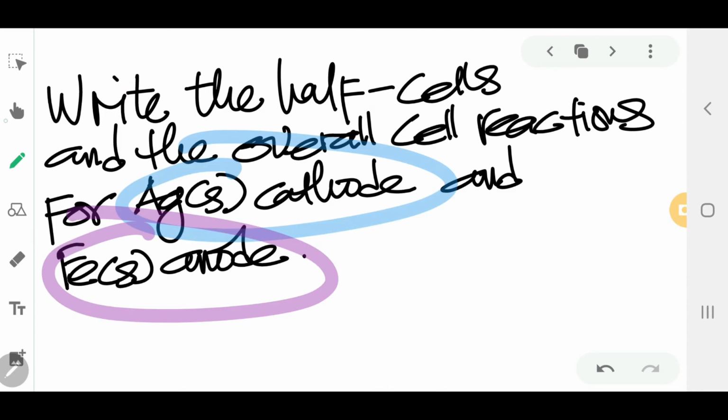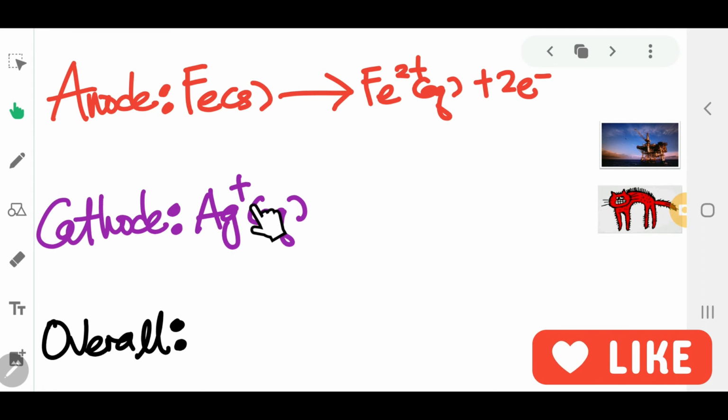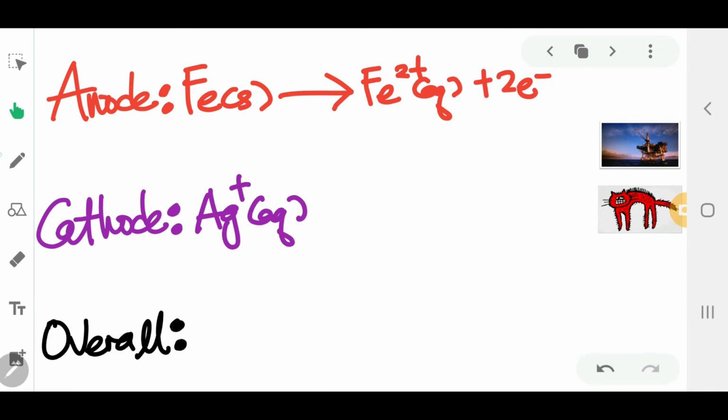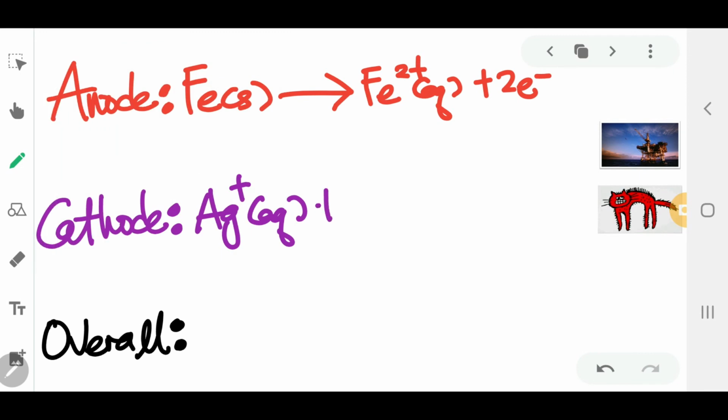For the silver part, the Ag solid, you'll get Ag plus aqueous, which is the most stable oxidation number for silver. And then to balance that out, you need to add 1 mole of electron, and then you'll get silver solid.